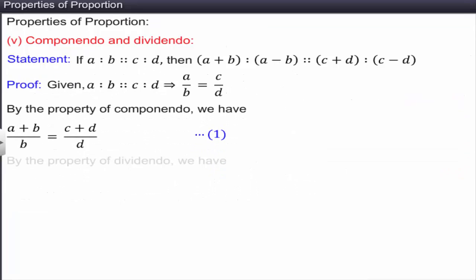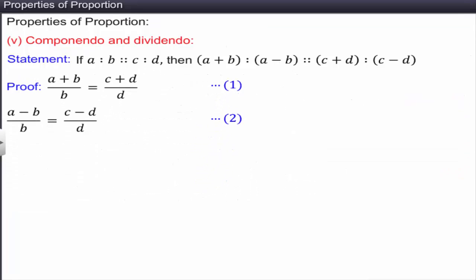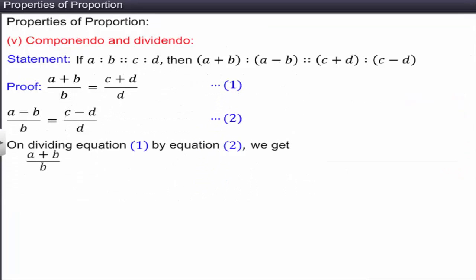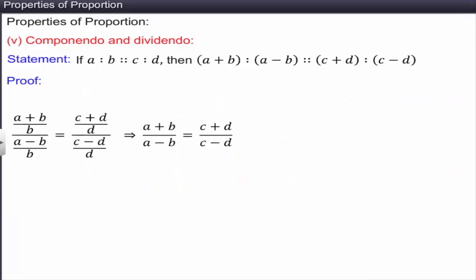By the property of dividendo, we have A minus B divided by B is equal to C minus D divided by D. Let's take this as equation 2. On dividing equation 1 by equation 2, we get A plus B divided by A minus B is equal to C plus D divided by C minus D. It can also be written as shown here.